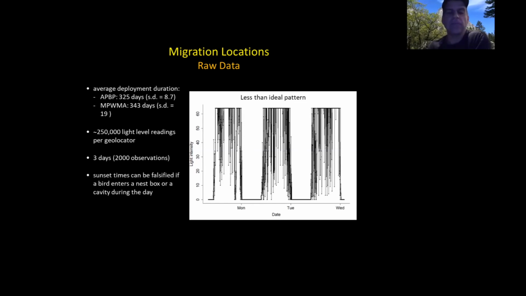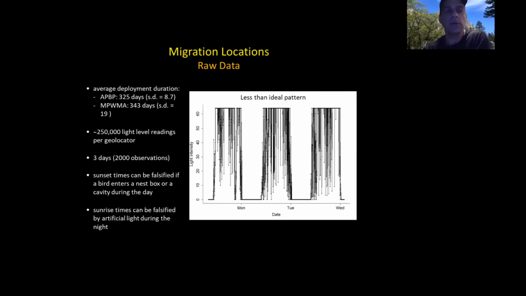In extreme cases, if a bird is using a nest box or a cavity during the day, it would seem like the sun is setting and rising every time they enter and exit the cavity. That can make it very difficult to determine which are the real sunset and sunrise times. Fortunately, prairie warblers are not cavity nesters, so they do not present that challenge for us.